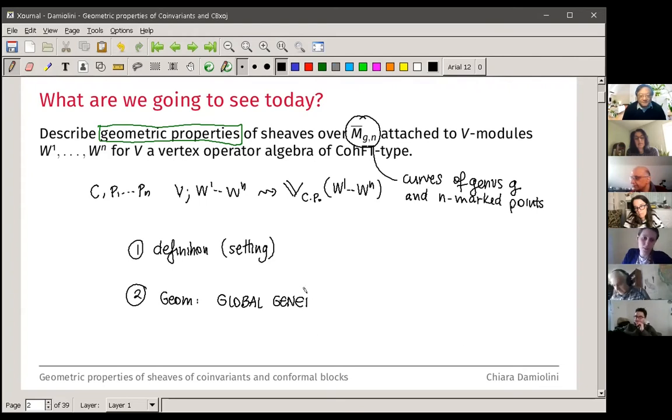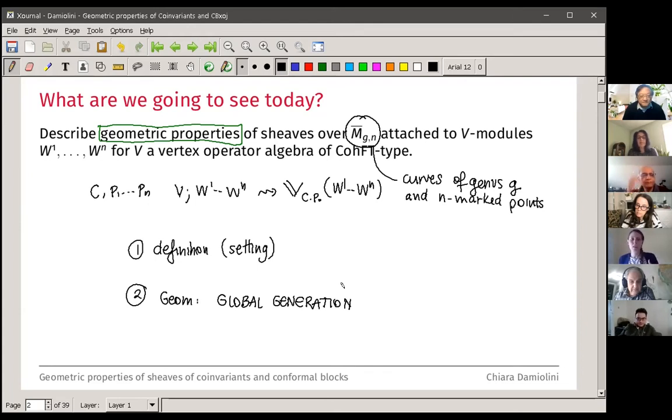And the interesting thing, as a preview, is that we know we can construct sheaves of this type, which are called coinvariants, starting with representations of Lie algebras. These are just a subset of this case.